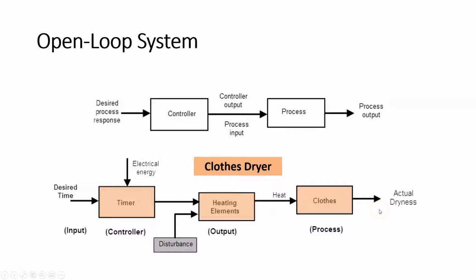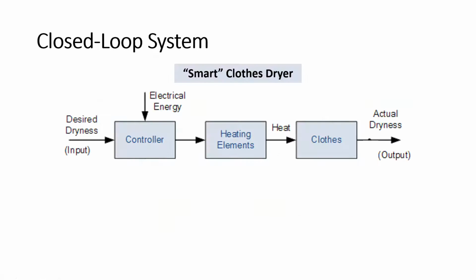So in a closed loop system, we might have what's called a smart clothes dryer. Here, it's the same kind of situation. We take our clothes, we throw them into the dryer, right? Now, instead of setting the time, we set the desired dryness. So we say we want our clothes to be medium dry.